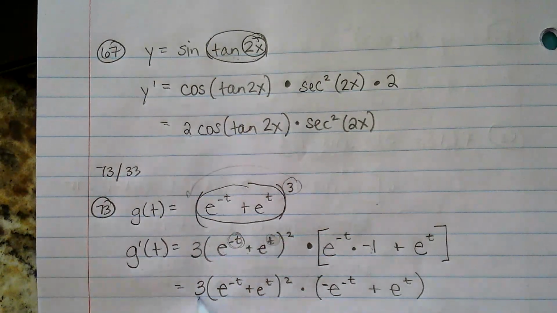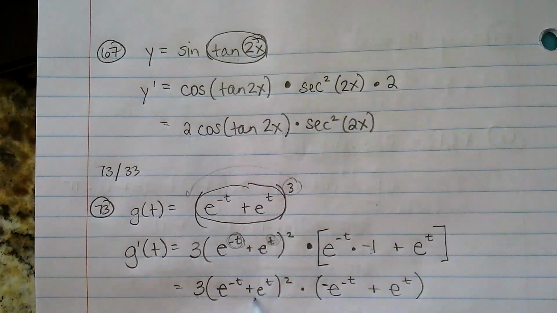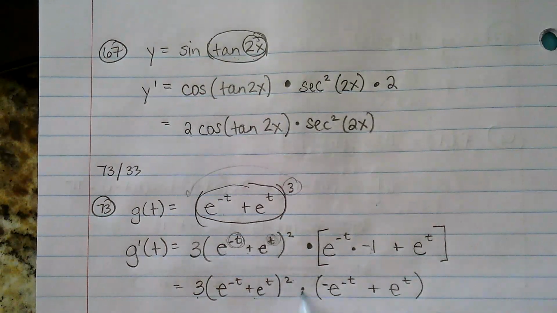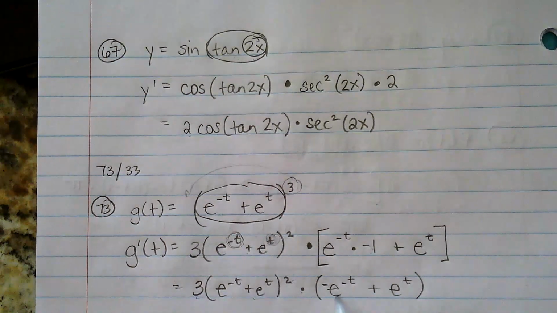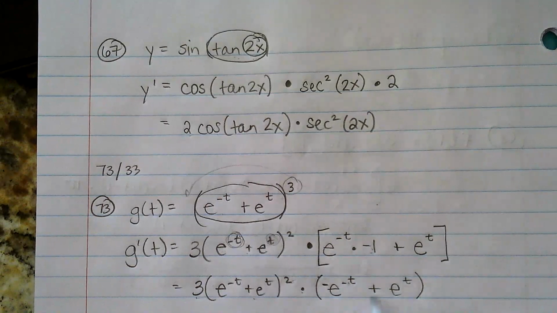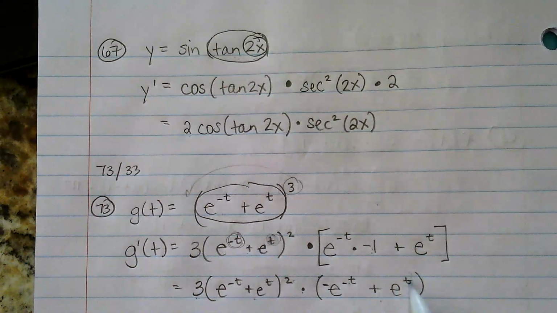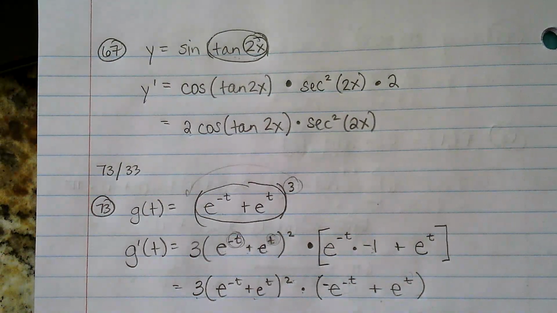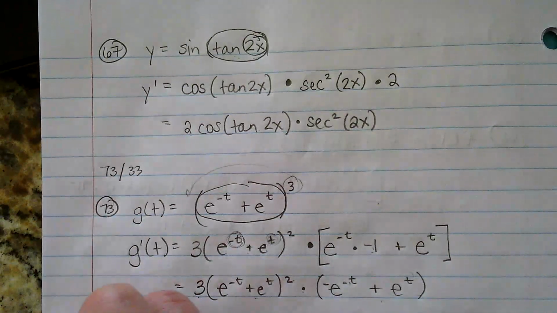They have 3 times e to the negative t plus e to the t squared, times negative e to the negative t plus e to the t. They have these two switched, but that's fine. They do the e to the t minus this. Same thing.